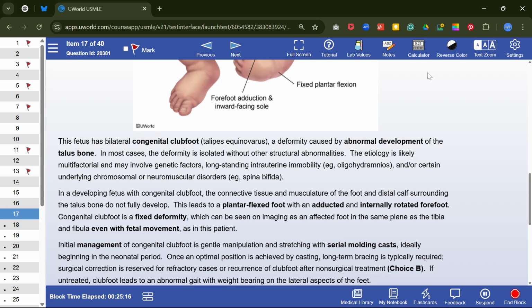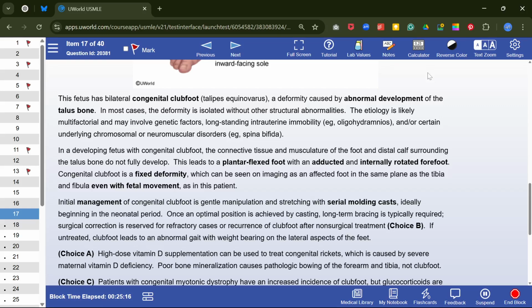Congenital clubfoot is a fixed deformity which can be seen on imaging as an affected foot in the same plane as the tibia and the fibula, even with fetal movement, as in this patient.